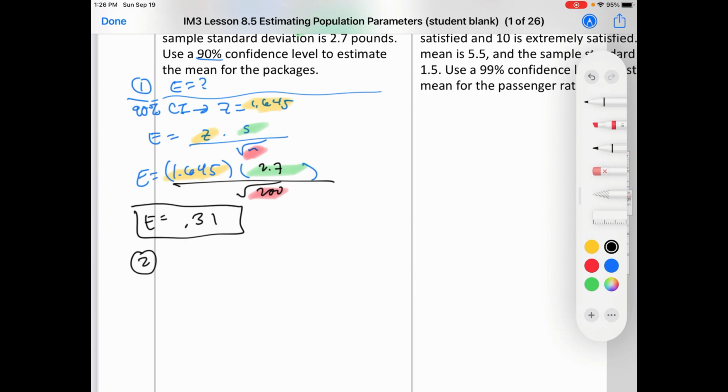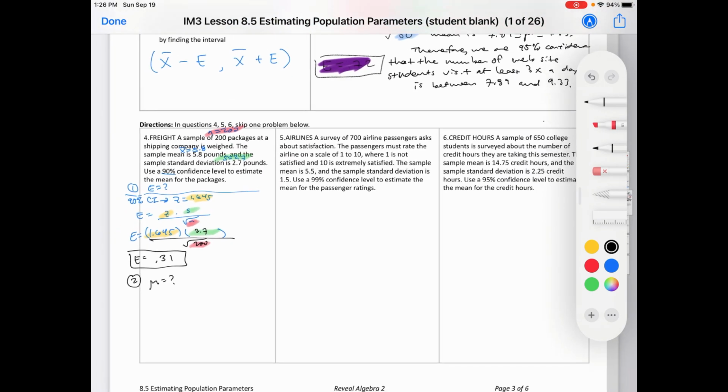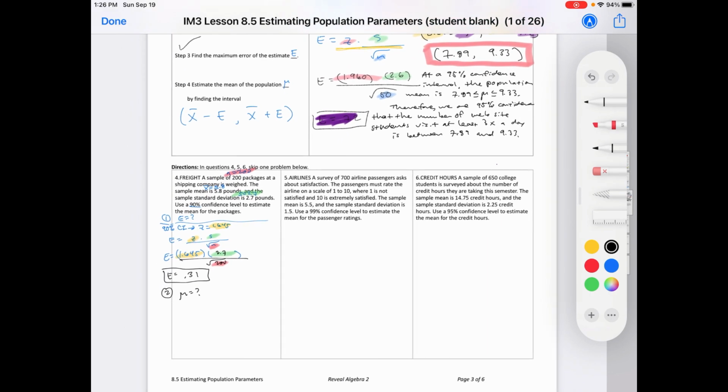Okay, then question number 2 says, what is our mean? And we get this, we can't confidently say what it is, so we can give a range, okay?